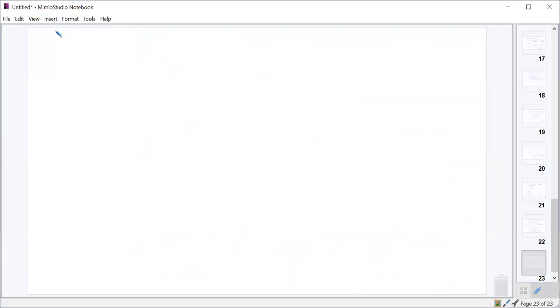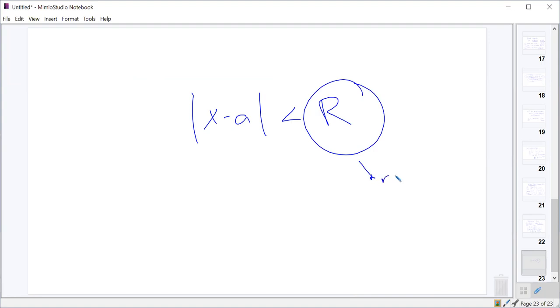If I have the absolute value of x minus a is less than r, this is what you do, right? So this value of r, this is our radius of convergence.